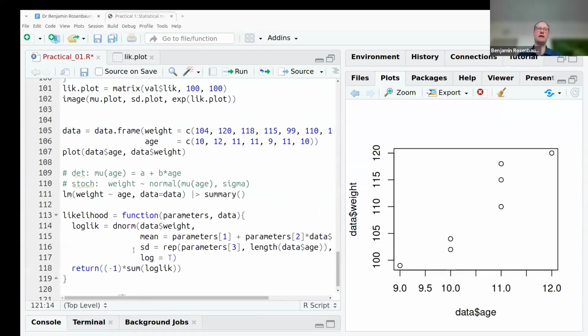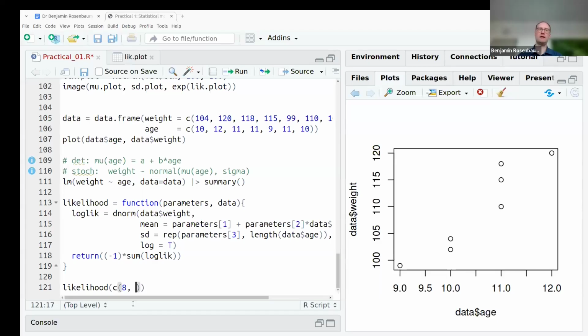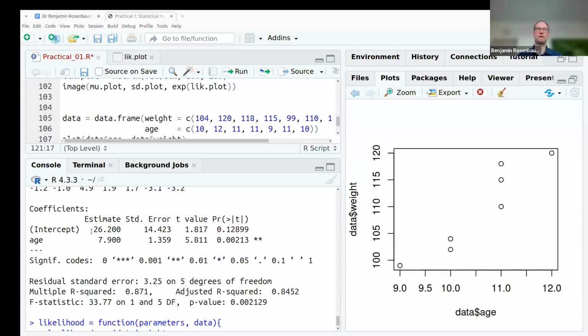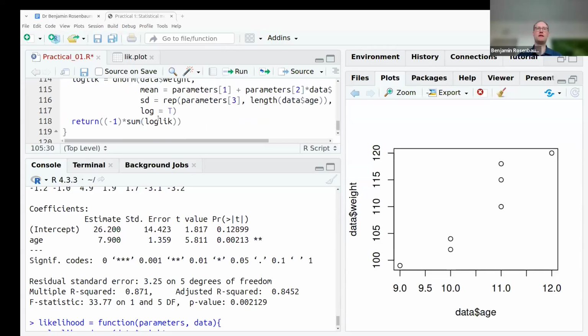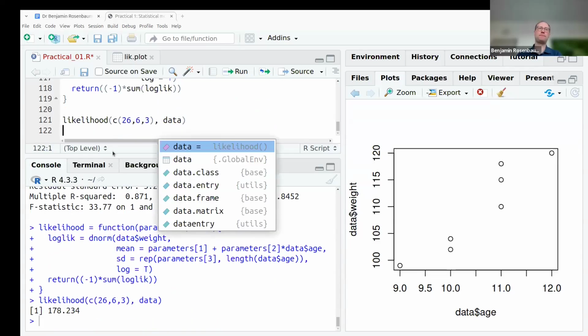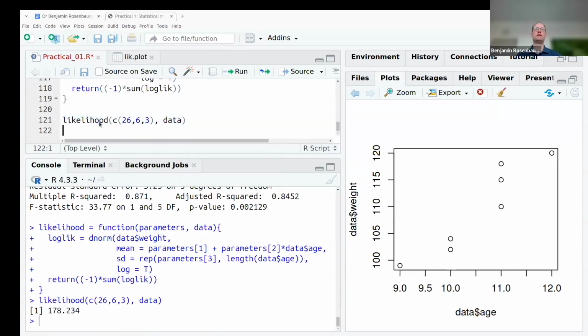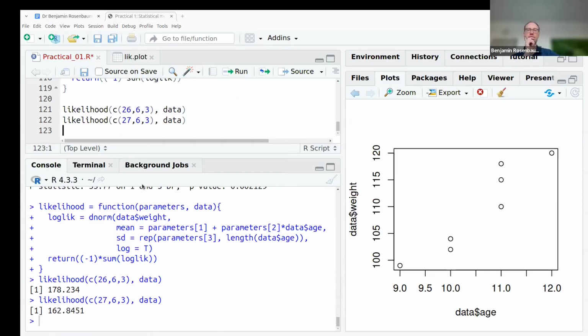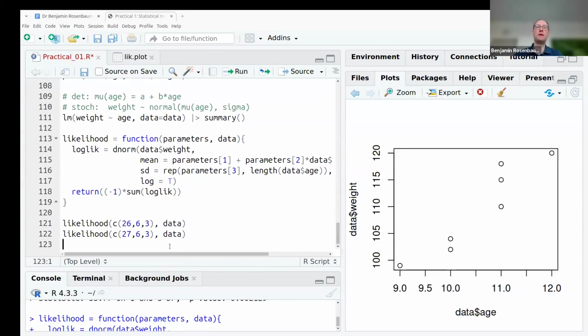Intercept of 8, oh no, that's the intercept of 26, and some slope of, let's say, 6 and some standard deviation, whatever. Then you could go on again and try to optimize this, find the best parameter values and so on. But again, this is a tedious task, especially that we have now 3 parameters here.